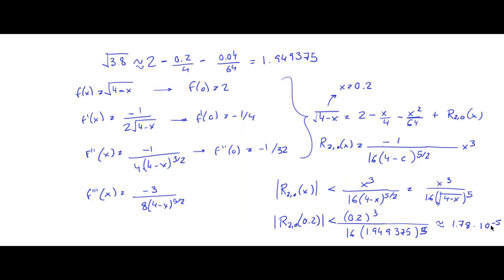Okay. Now if you compute the actual value of the square root of 3.8, it's actually equal to 1.94935 and then 8, whatever. So then the first 4 decimals are the same, and then the error is in the 5th decimal as we expected.